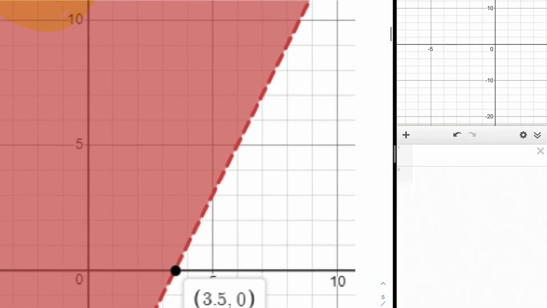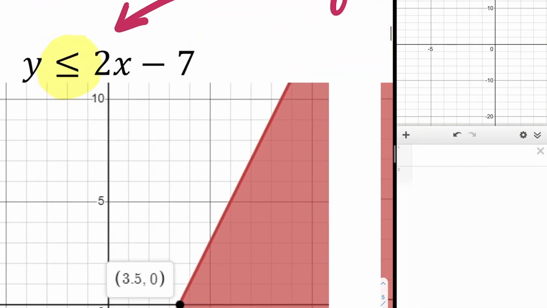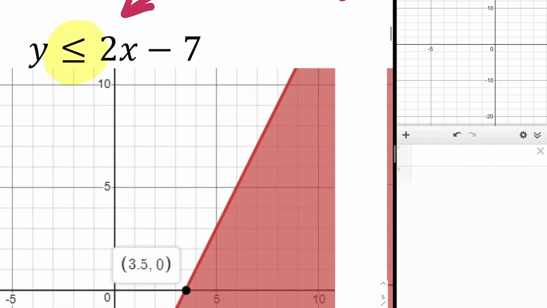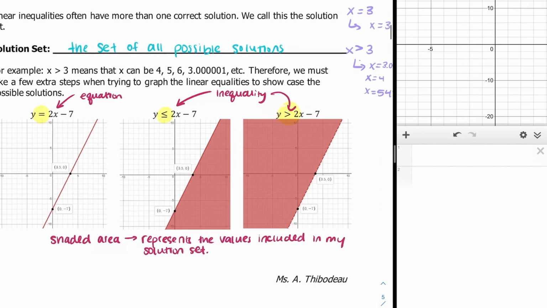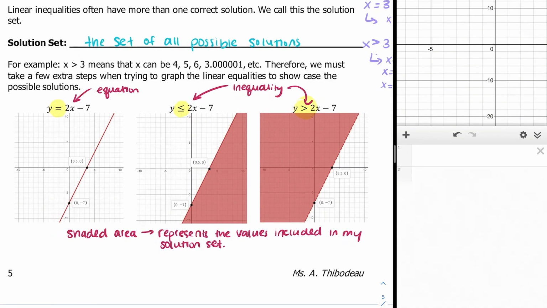Another thing you might realize is if I zoom in here, we see that this line is dashed, this line is solid, and this first line is solid, right? So what does the last one have that the first two don't? What you might notice is that when I'm looking at my signs in the middle, this includes equal to, this also includes equal to, but this one does not.